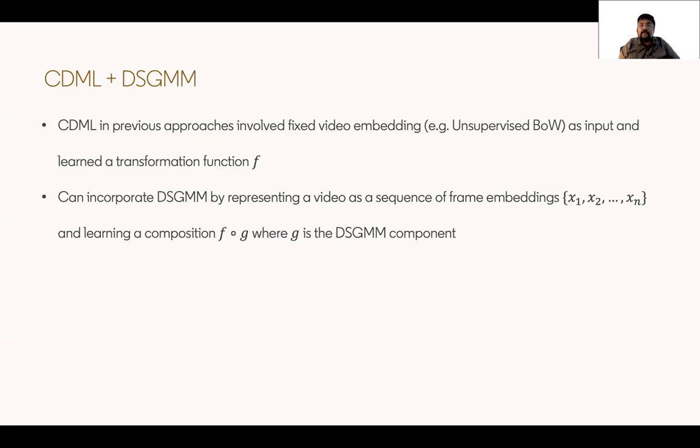We can push a richer and novel video embedding like DSCMM. What we can do here is take a sequence of frame embeddings for a given video and learn this compositional function F of G, where G is the DSCMM. Now, both CDML and DSCMM can then be learned end-to-end on the final triplet loss objective.